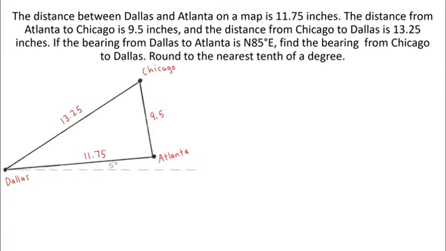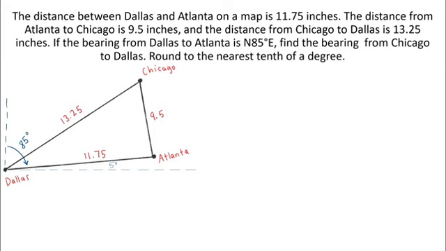So that tells us that if I were to draw a north-south line here, the fact that Atlanta is north 85 degrees east from Dallas tells me that this angle is an 85-degree angle.